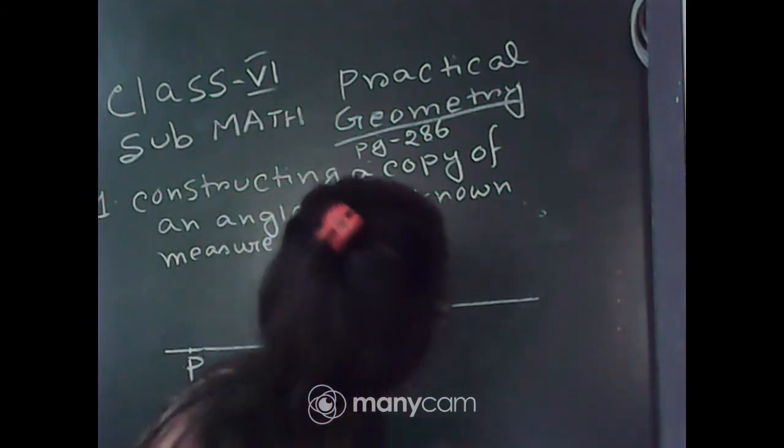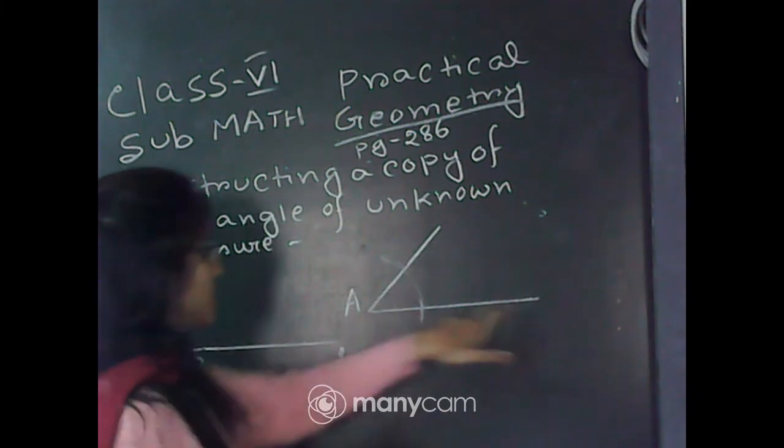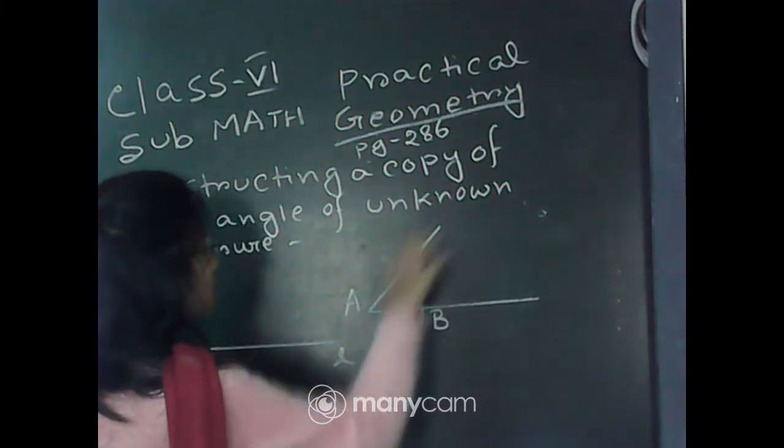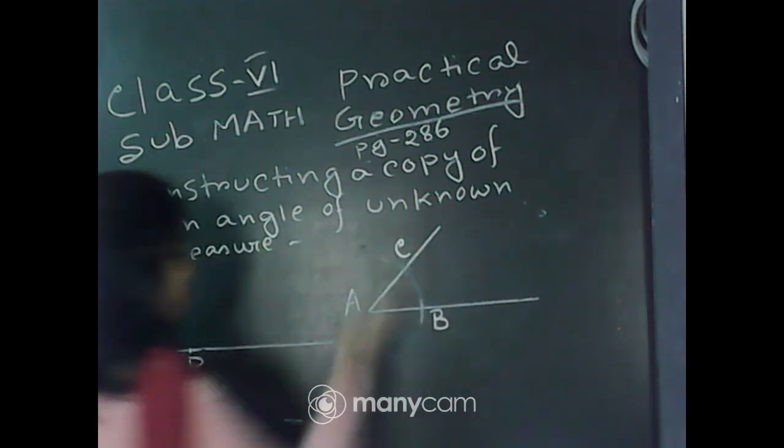Suppose this arc cuts this ray at B and this ray at C.